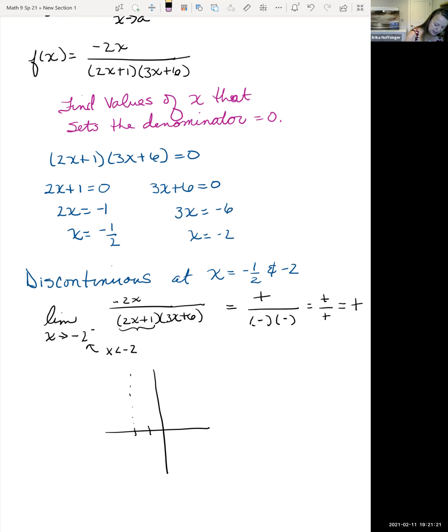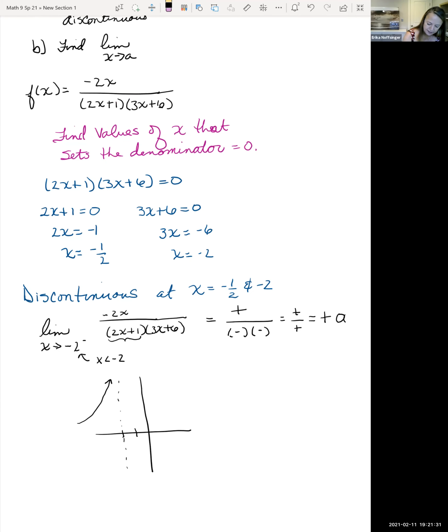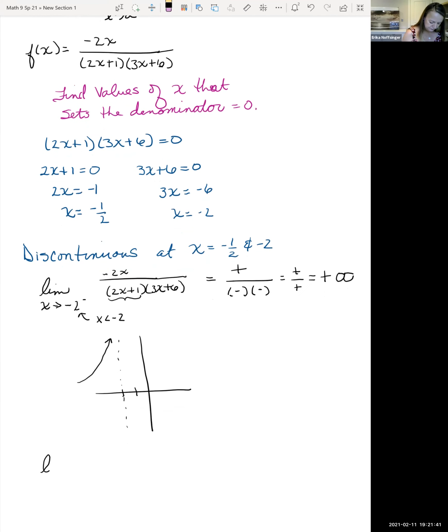It's going to be shooting upwards, and so that limit is going to positive infinity. Where if I looked at it coming in on the right-hand side, we're going to do something similar.